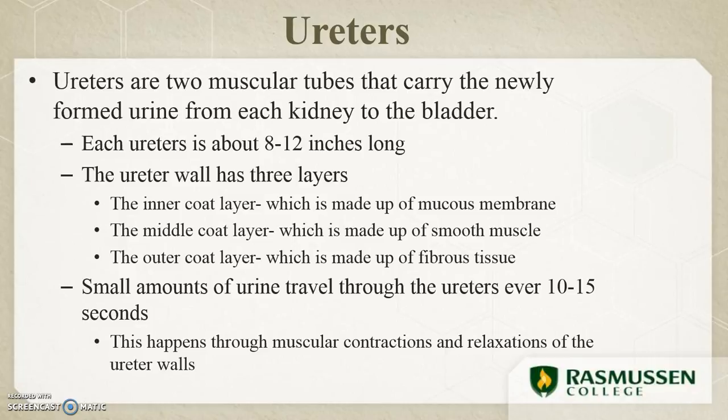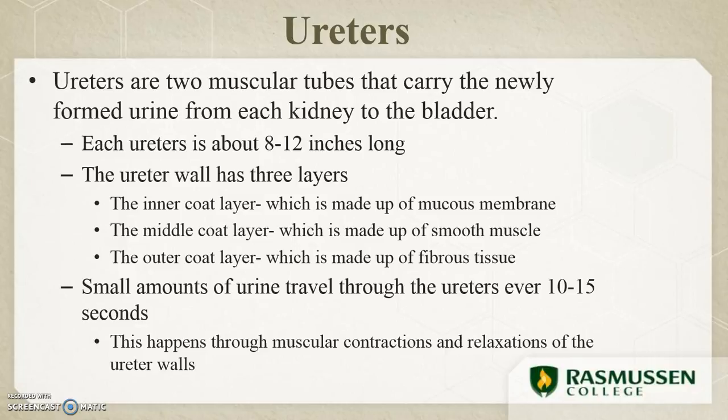Next we have our ureters. These are two muscular tubes that carry newly formed urine from each kidney down to the bladder. Each ureter is about 8 to 12 inches long and has 3 layers, the inner layer, outer layer, and middle layer.